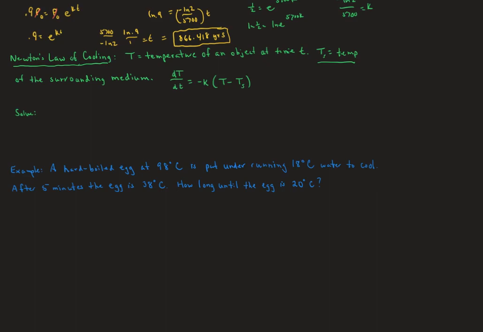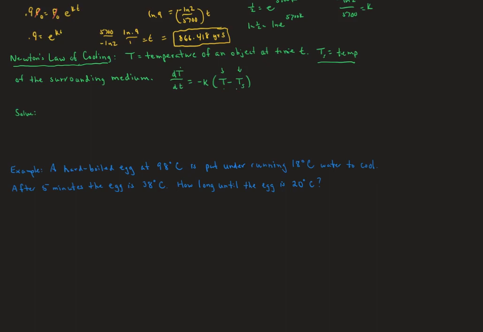That's the difference between the temperature of our object and the temperature of the surrounding medium that object is in. Okay, let's just separate our variables here. Remember, this T sub s is some constant. The capital T is like our y, our dependent variable, and the little t is the independent variable. So we want to move this capital T over to the side where the dT is, but there's no way to do that without dragging this constant T sub s with it.